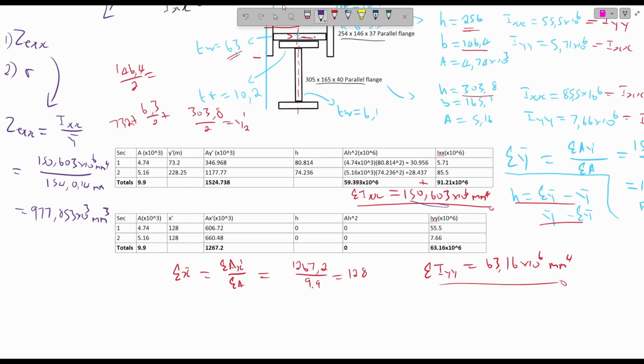And then for your radius of gyration, you'll use the square root of Ixx divided by the sum of area. For Ixx is 150.603 times 10 to the 6 divided by 9.9 times 10 to the 3.